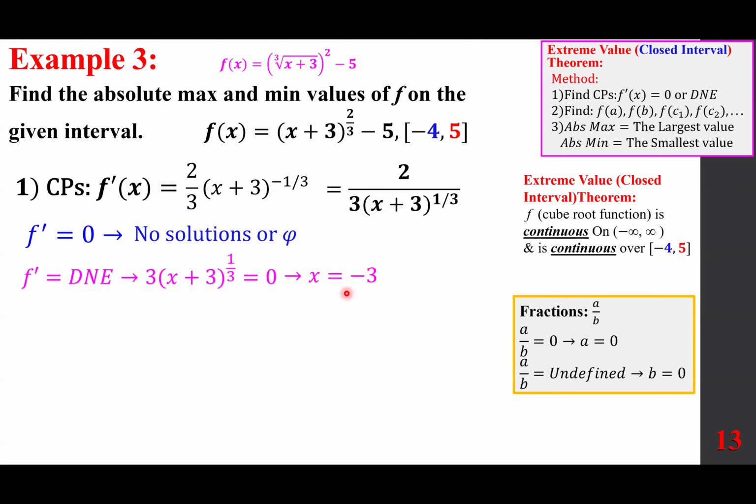Well, look at it. Is it in between? Yes, -3 is an element of -4 to 5. That means it's in between. Therefore, we can use that. Now that we can use it, we go to the next step, find f of a, that means f of -4. Find f of b, that means f of 5. And all the critical points. We have only one. In some cases, we have more than one. f of -3, we have to evaluate all of the above.